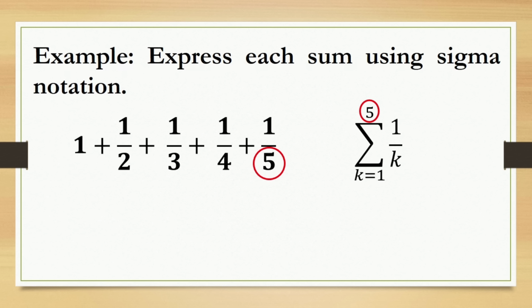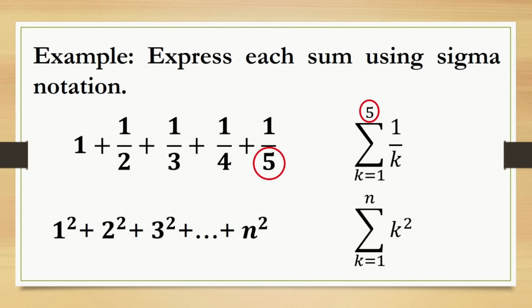Next. So, I have here 1 squared plus 2 squared plus 3 squared plus n squared. Okay, so anong gagawin natin? So, look at the pattern. Itong K, dyan tayo mag-a-assign kung saan magsisimula at kung saan matatapos. So, ilalagay natin K. And then, since may squared siya, ang symbol natin ngayon ay K squared.